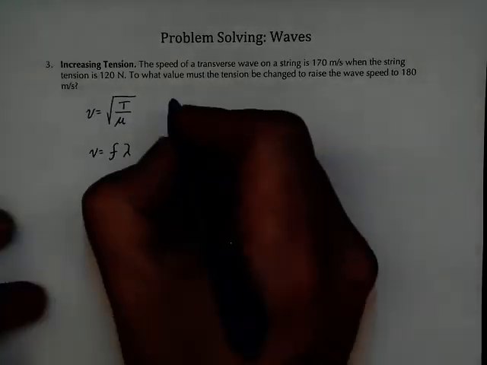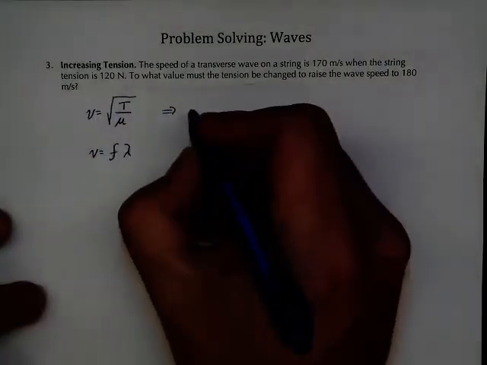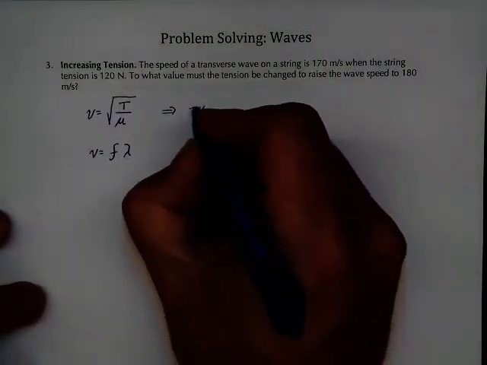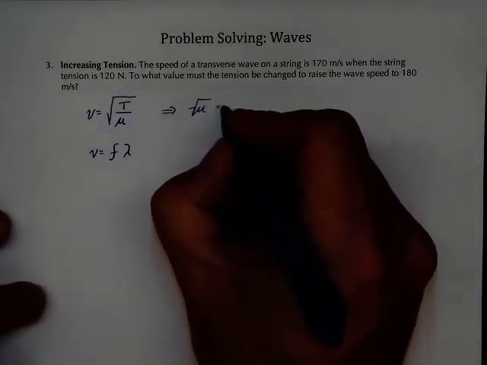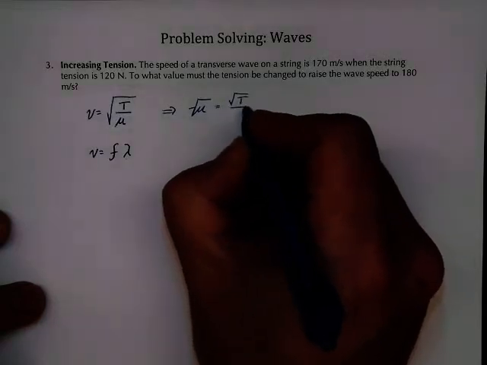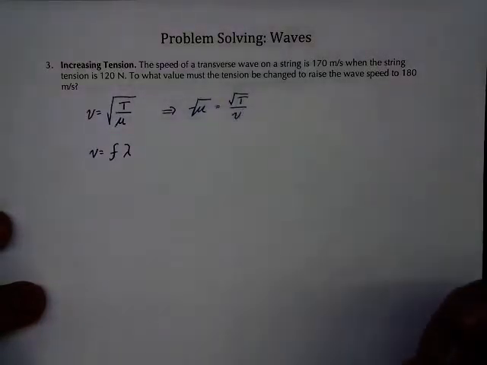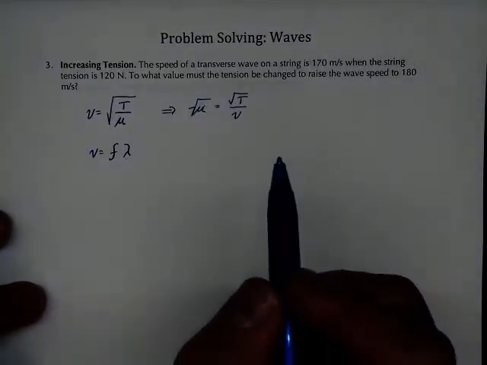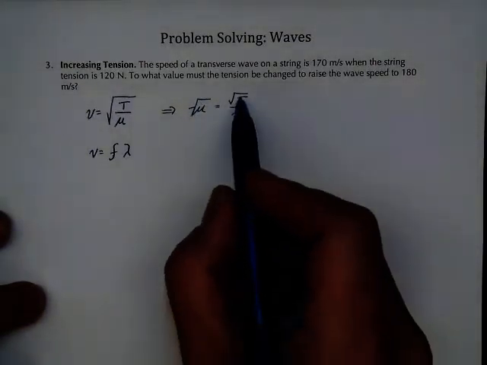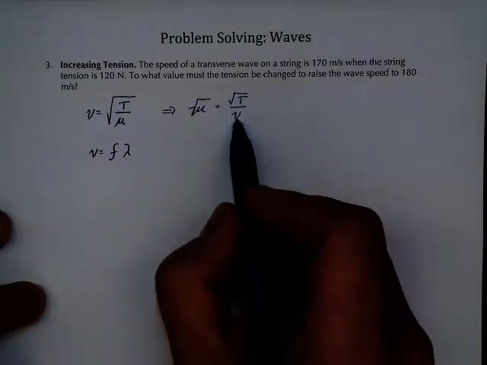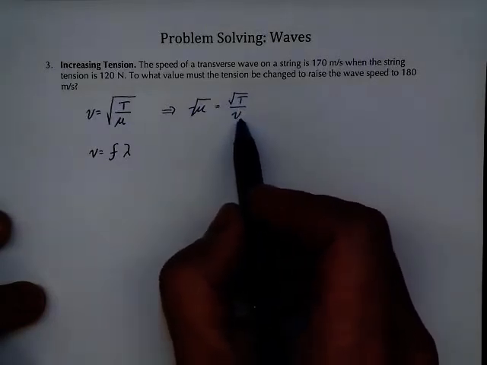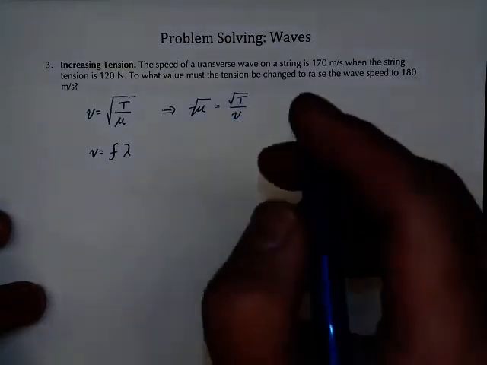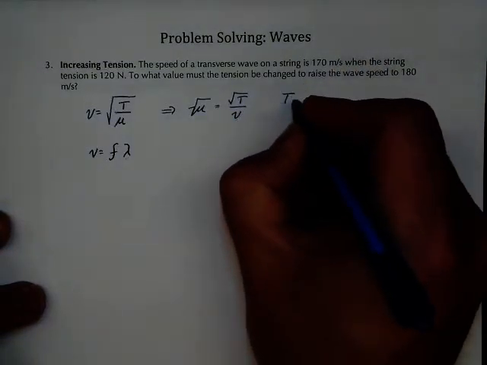Well, I'm going to rearrange this expression here to say that the square root of the mass density is the square root of the tension over the speed. And the mass density is the same in both of these situations. So I can actually write that this ratio in situation 1 equals this same ratio in situation 2. But since it's asking us for tension, I'm just going to go ahead and square both of these.